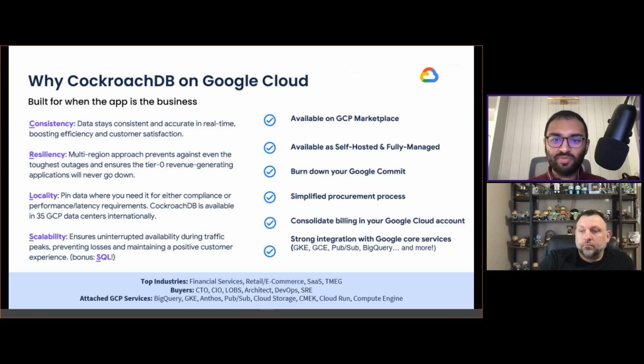Purchase it off of the marketplace. It's a simplified procurement process. But the real value here is that strong integration with the core Google services to get the most out of your data. We're integrated with GKE, GCE, PubSub, BigQuery, and all those other services. So you can really get the most out of the broader ecosystem when you're deploying CockroachDB on Google.